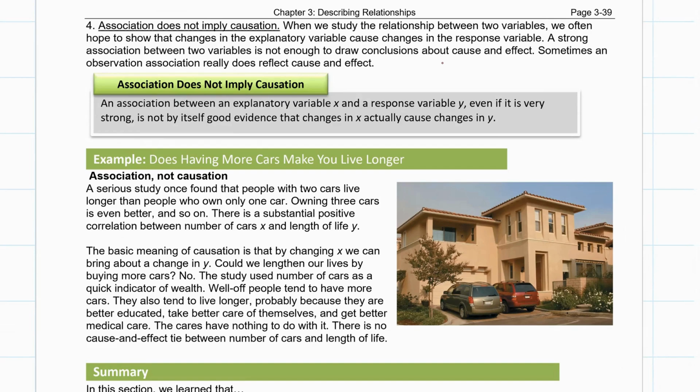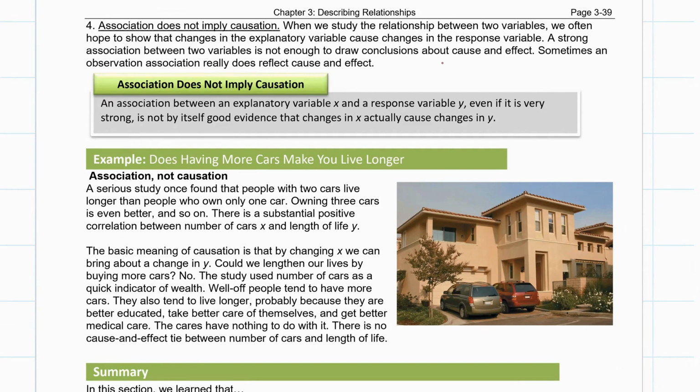For example, a serious study once found that people with two cars live longer than people with one car, and owning three cars is even better, and so on. There is a substantial positive correlation between the number of cars and length of life. And the answer is, this doesn't mean that if I want to live longer, I should own more cars.